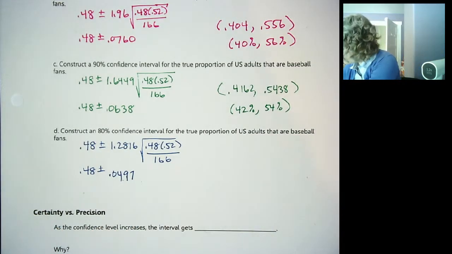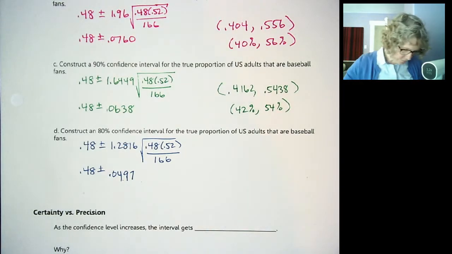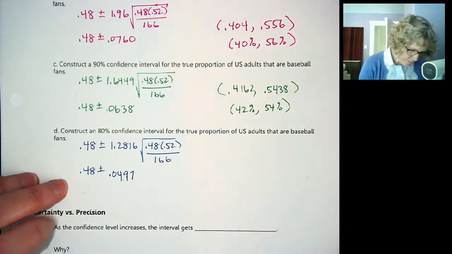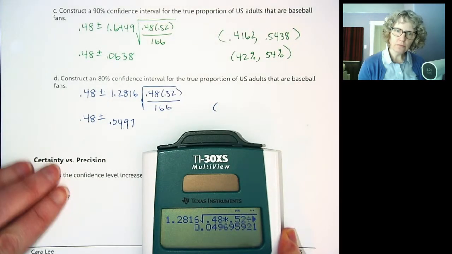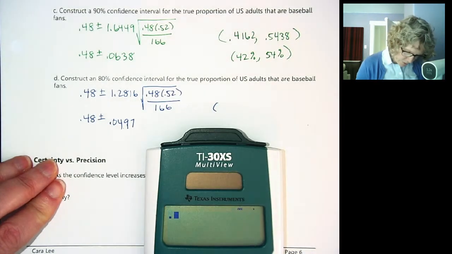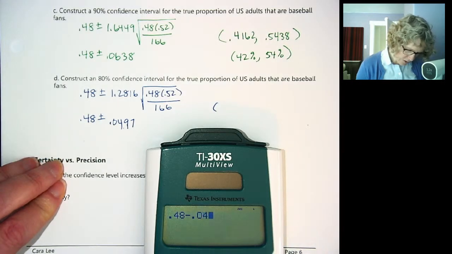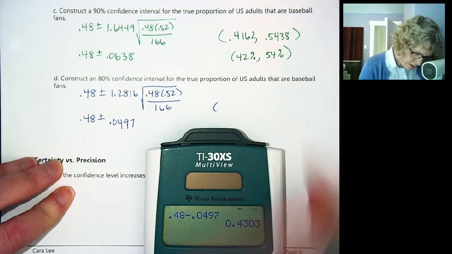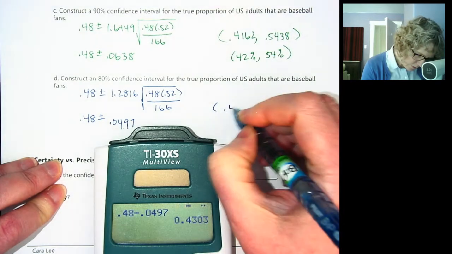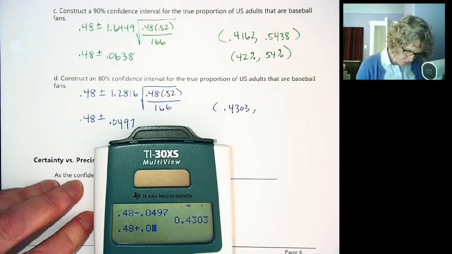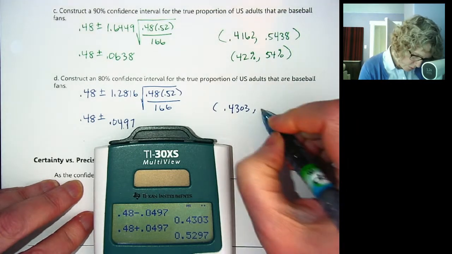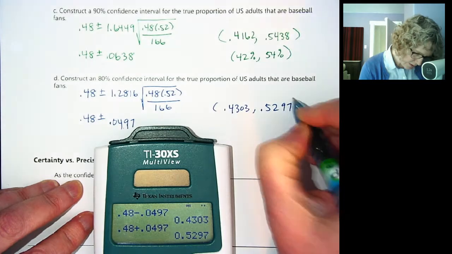Just check that one since I messed up a little bit. Yep, okay, great. So now I subtract and add. 0.48 minus 0.0497 is 0.4303, and 0.48 plus 0.0497 is 0.5297.